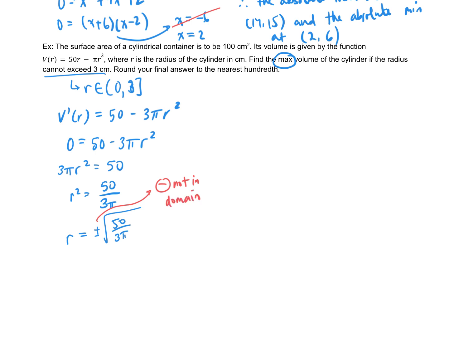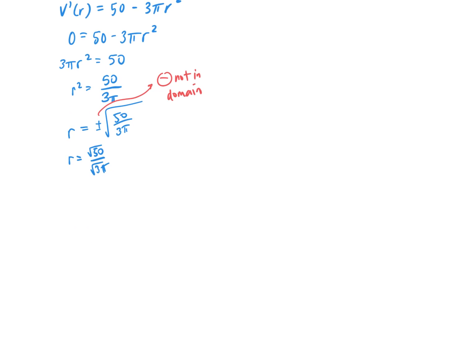I am going to clean up my radius though, because I don't want that radical in the denominator, because remember, this is what we actually have. So when I'm cleaning up, I'm going to do a few things. I'm going to rationalize the denominator while also simplifying that numerator. The square root of 50 is the square root of 25 times 2, so 5 root 2.